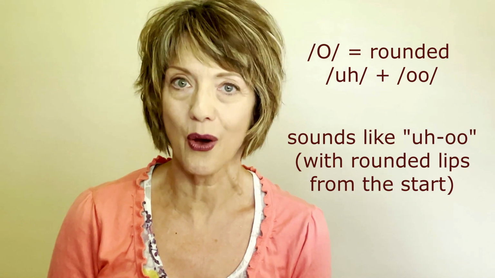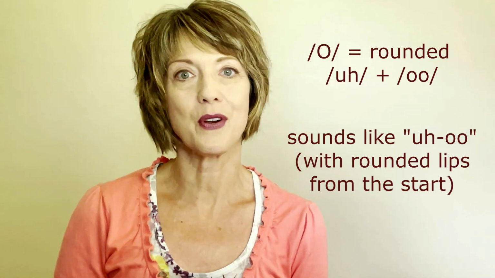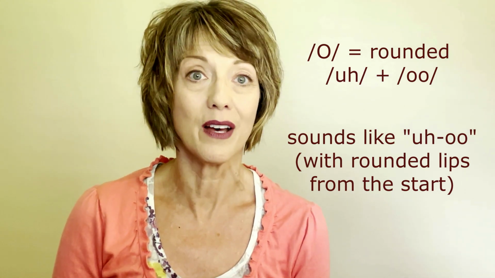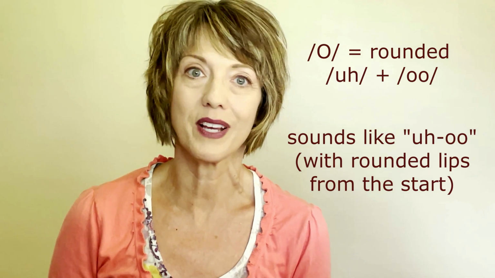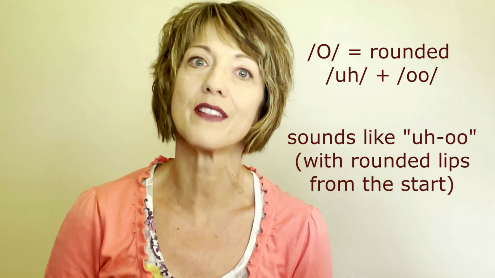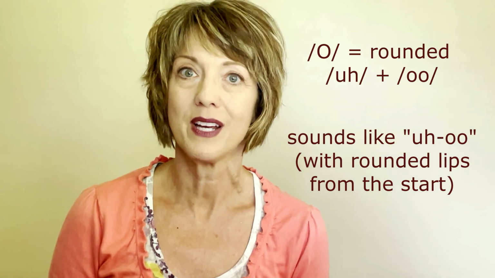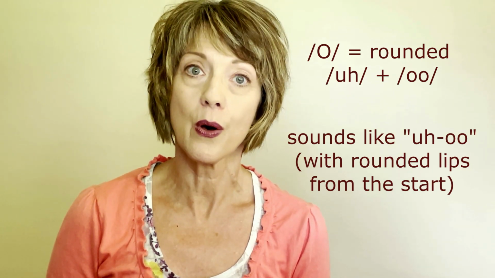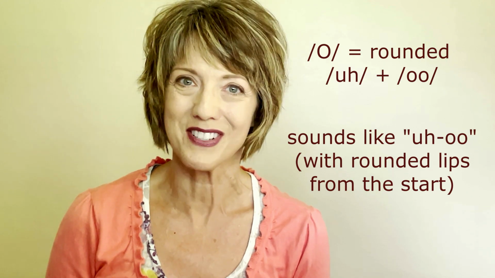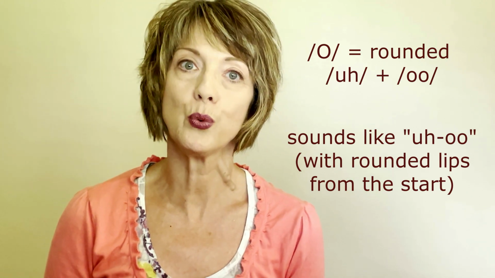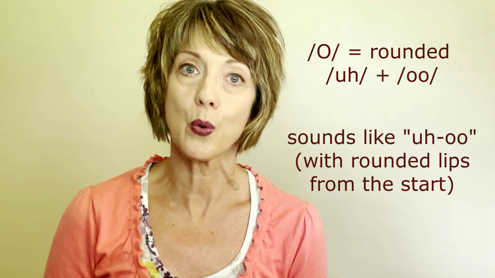Next is the long O. This one starts with the tongue in an uh position, as in the word cup, but the lips are rounded, just like the letter O itself. So it's uh and then it transitions into that tightly rounded oo shape, O. The most frequent error I hear on this word is pronouncing it more like aw.